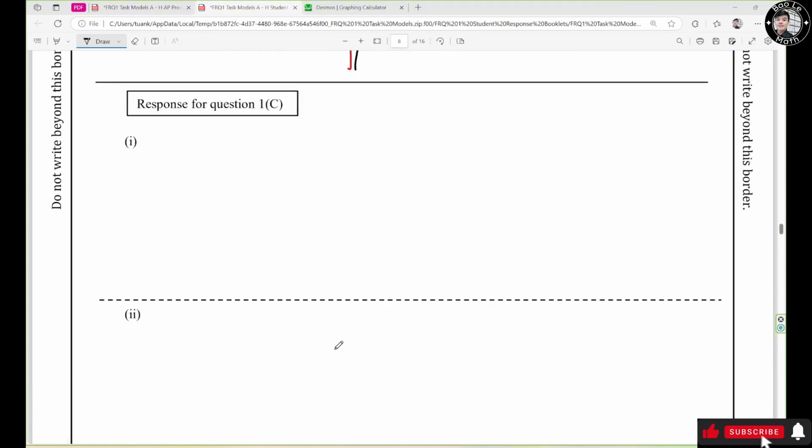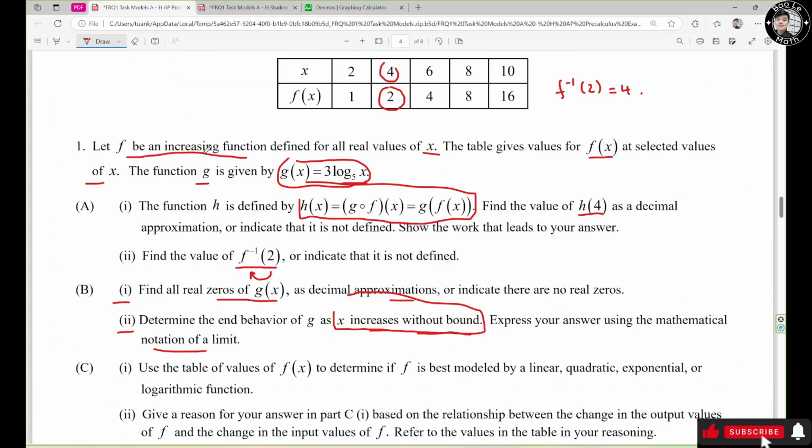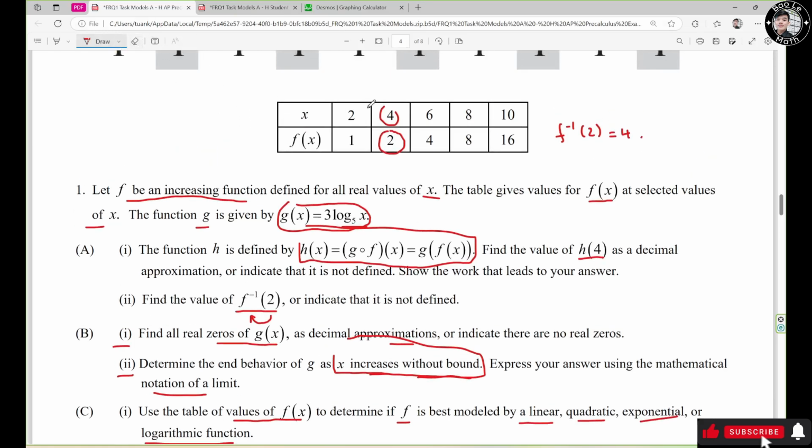Now let's move on to CI. Alright, so use the table of values for the function f of s to determine if f is best modeled by a linear, quadratic, exponential, or logarithmic function. Alright, so we look at this one, we see that in order to get 4 from 2, we need to add 2, right?